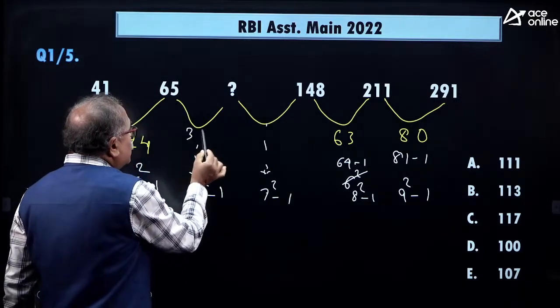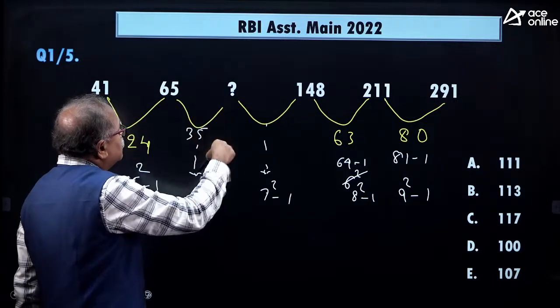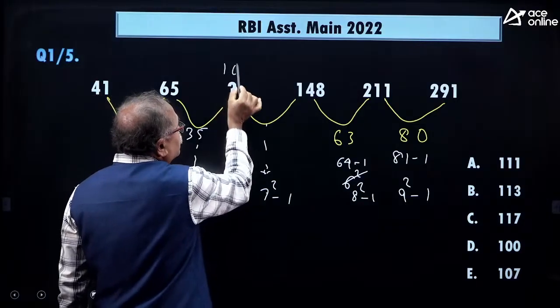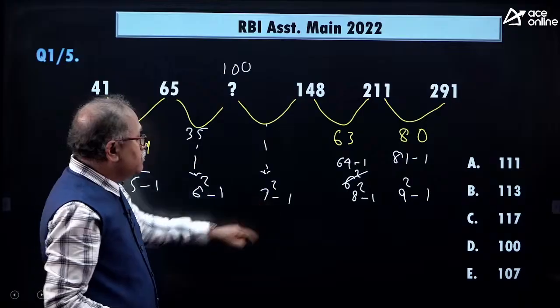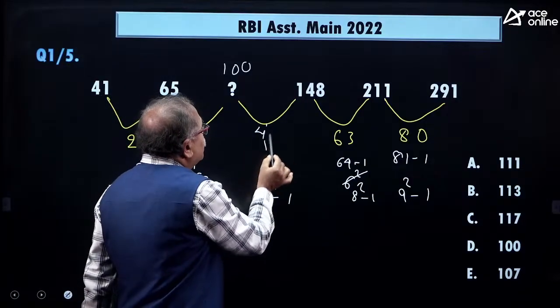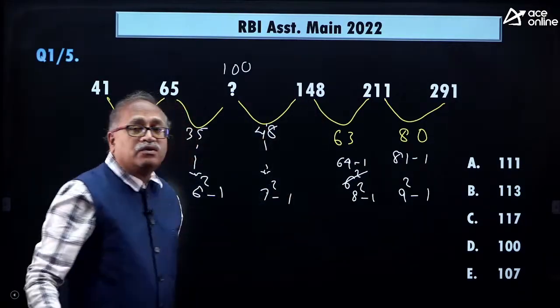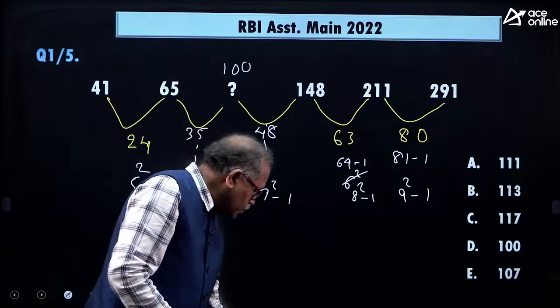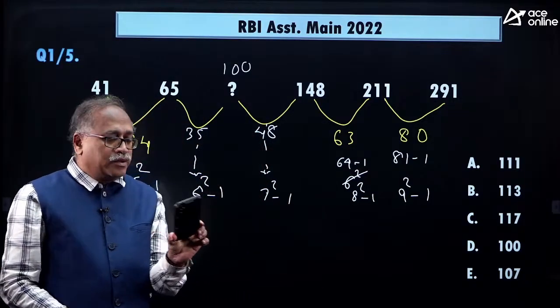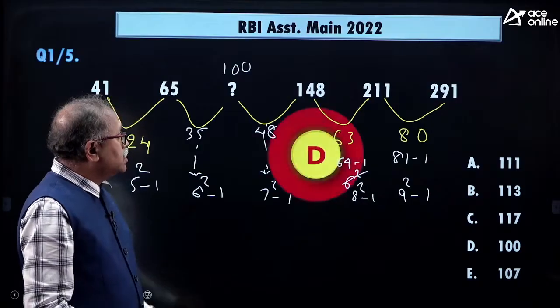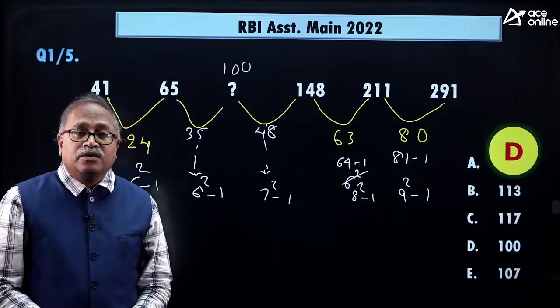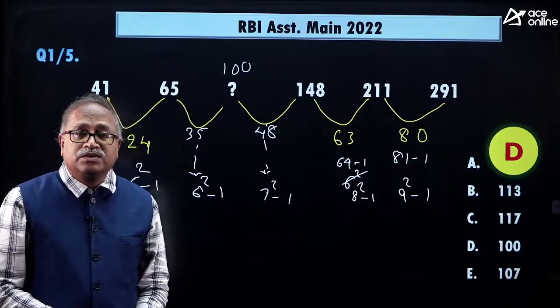So I need to add 35 over here, 90 and 100. I am getting 100. And 49 minus 1, that is 48. 100 plus 48, I get 148. So it is okay. So 100 is the answer. Option choice is D. You get the question in RRB, SSC also, number series.